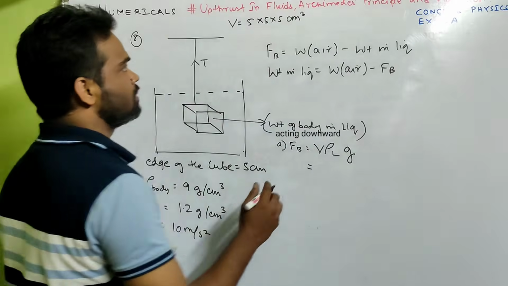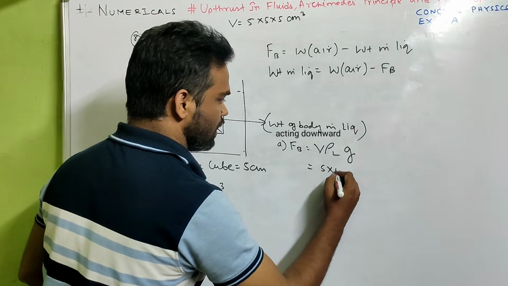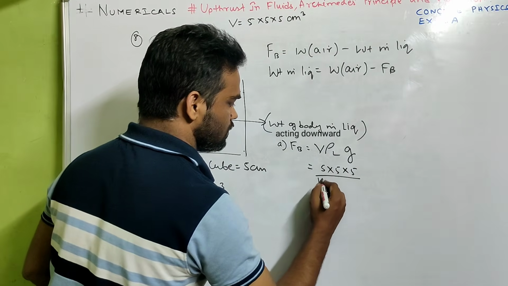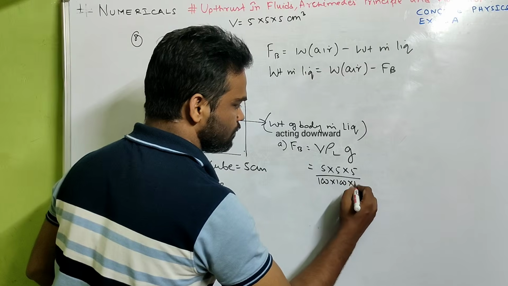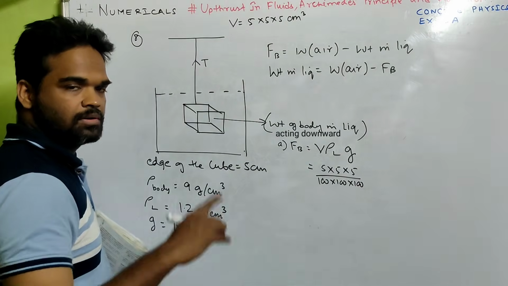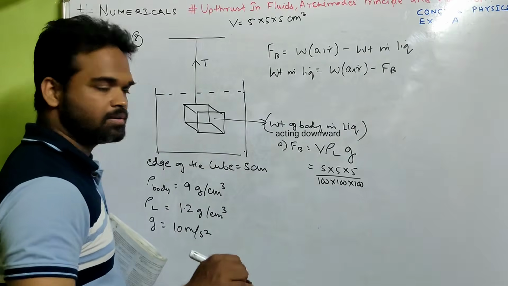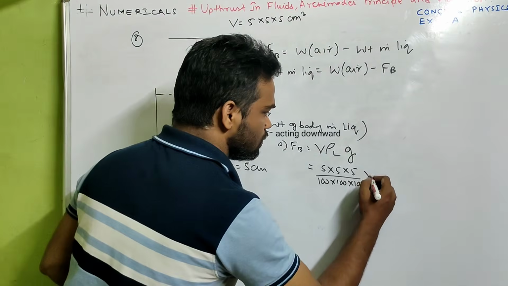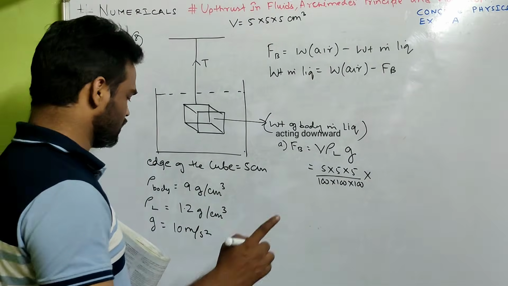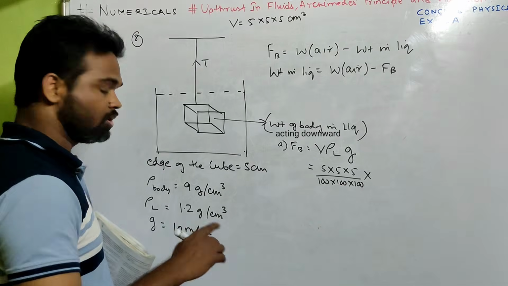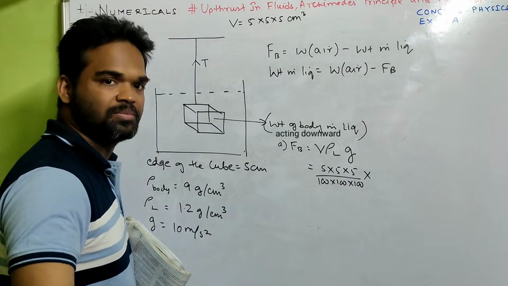So, that's 5 into 5 into 5 divided by 100 three times, because centimeter to meter, we divide by 100. Density of the liquid is 1.2 gram per centimeter cube.